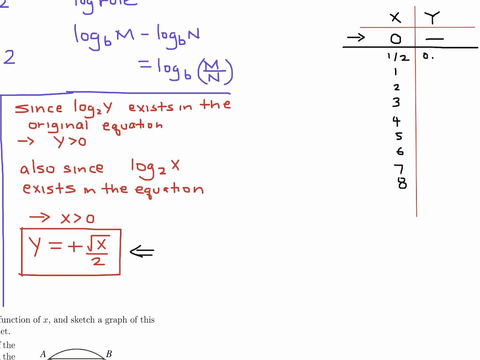For a half, it's going to be about 0.35. For 1, it's a half value for y. For 2, it's about 0.7. For 3, it's about 0.86. For 4, it's 1 exactly. For 5, it's 1.1 approximately. 1.2, 1.3, 1.4, like that.